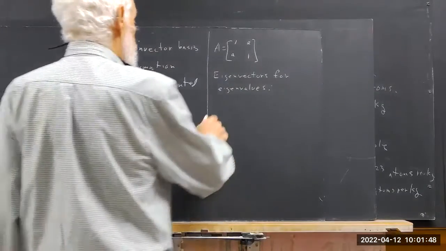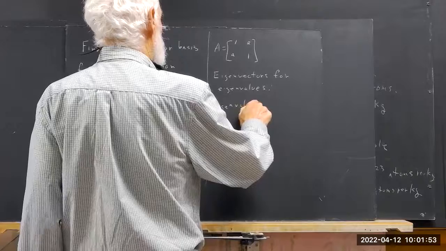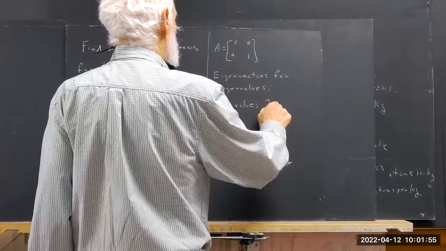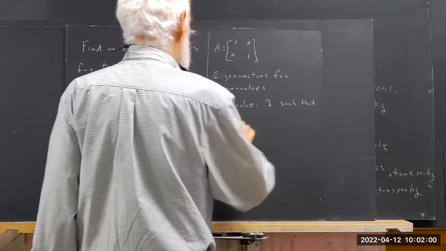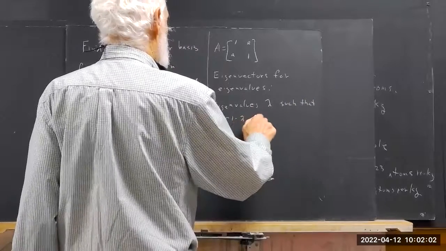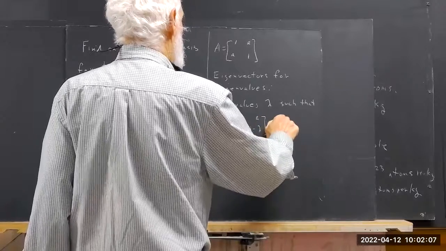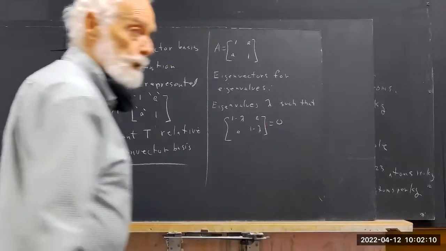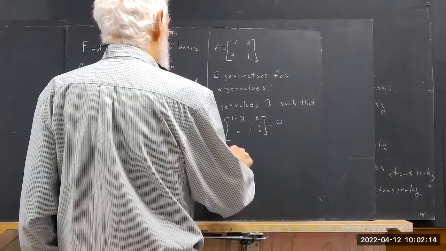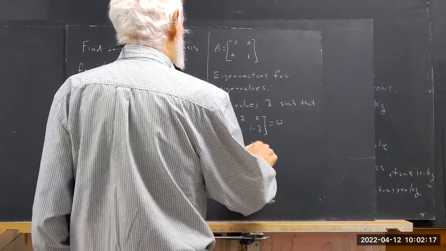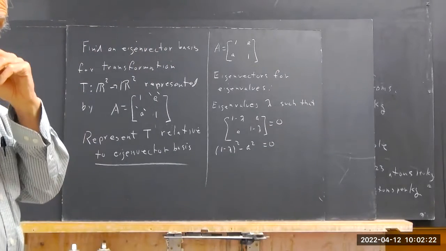And the eigenvalues, this of course gives you one minus lambda squared minus A squared equals 0.